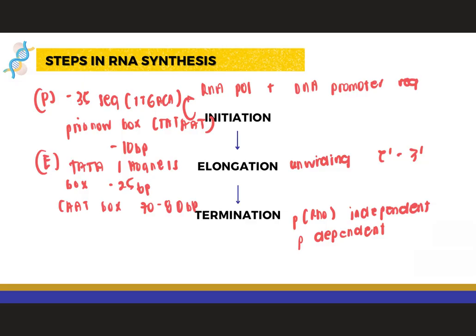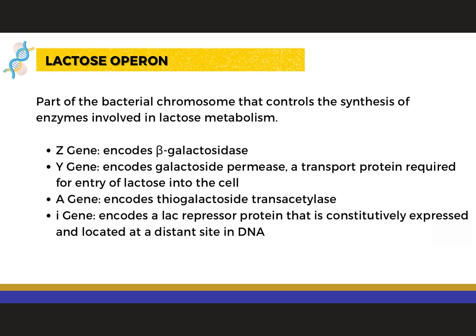In your rho independent, this one requires formation of your hairpin loop. While in your rho dependent, it requires rho protein to release RNA from your DNA.